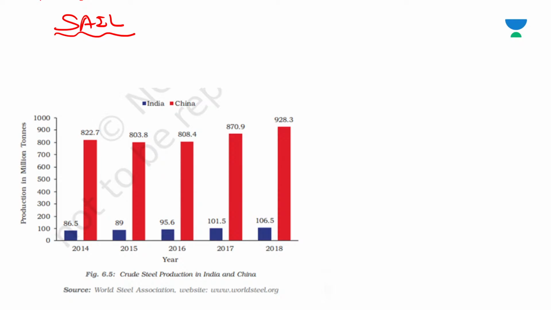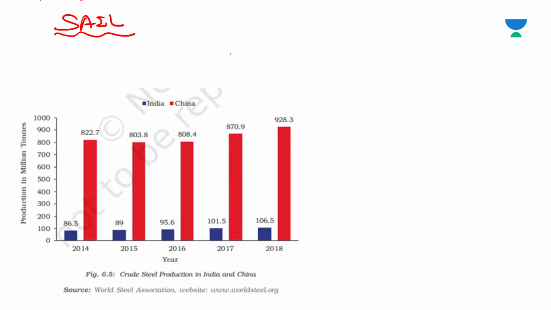In the 1950s, China and India produced almost the same quantity of steel, whereas China is now the largest producer of steel. China is the world's largest consumer of steel.